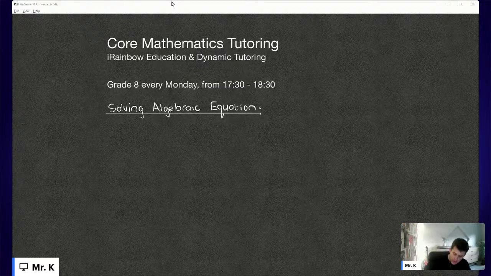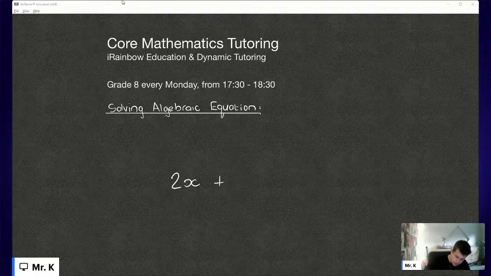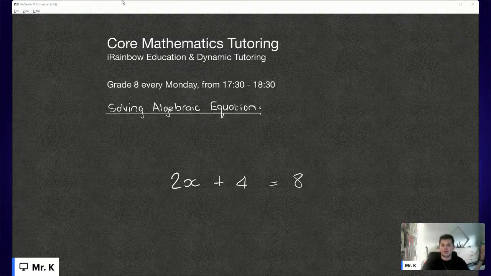So you don't have to write what I'm about to write down in your notes. But if I have something, for example, like 2x plus 4 is equal to 8, how do we go about solving equations like this, grade eights? There's a few different ways that we can do it, and everybody tends to sort of develop their own pattern or their own style of solving these things.